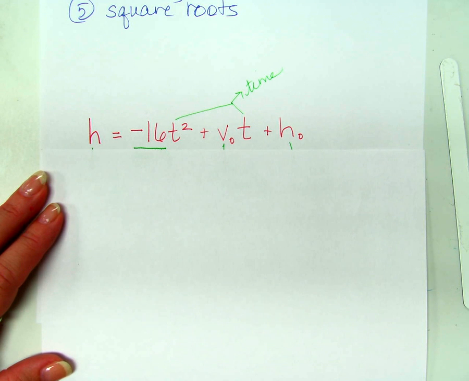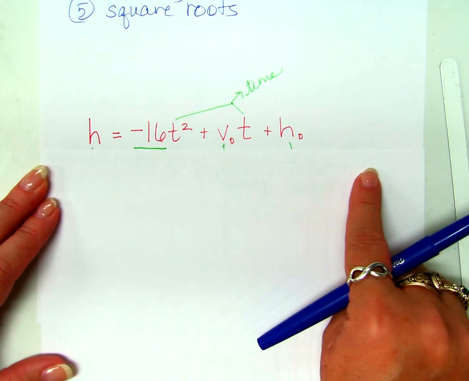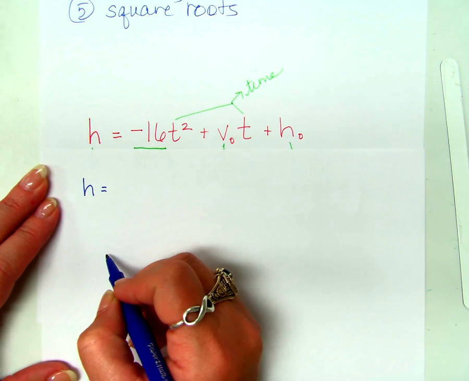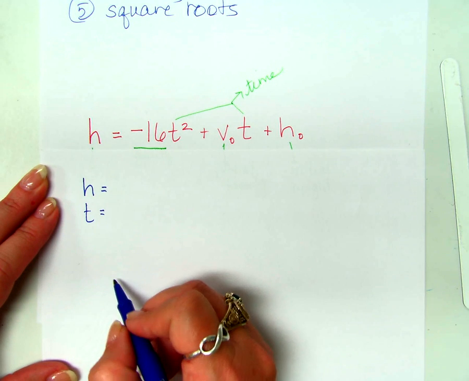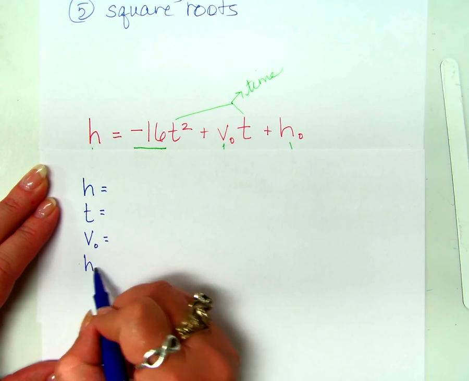So what goes where? What do we know? What do we not know? Well, in order to fill out this formula, what do we need? We need H. We need T. V sub 0 and H sub 0, right?